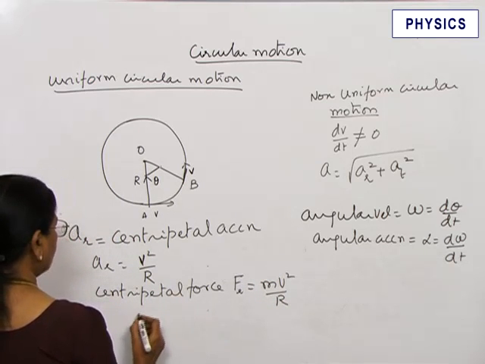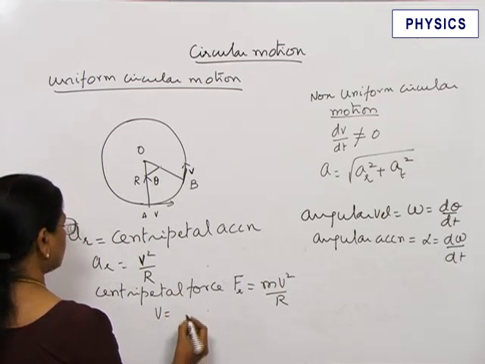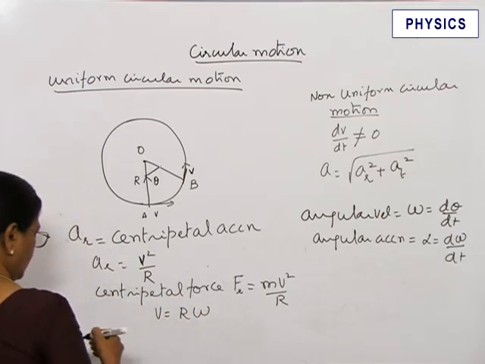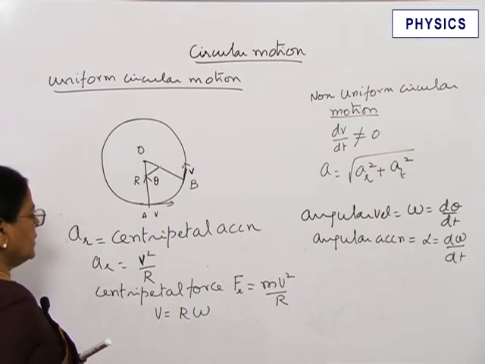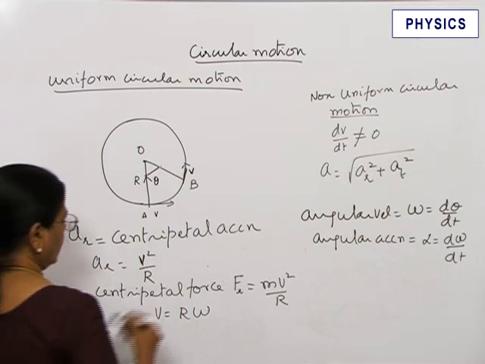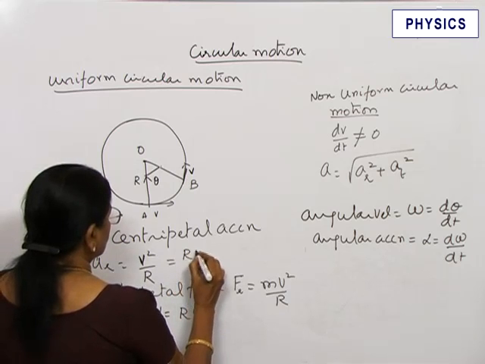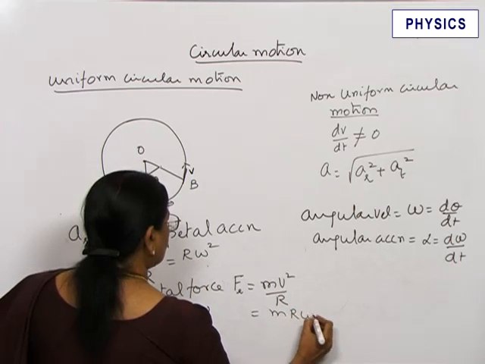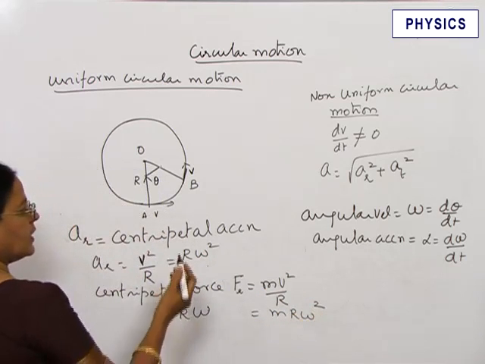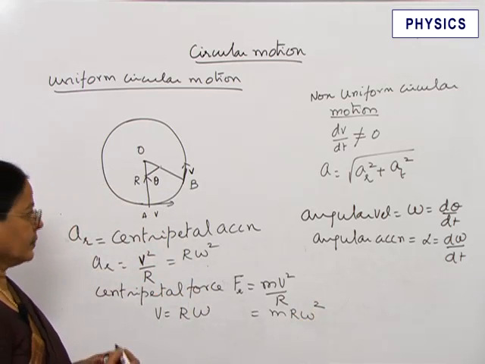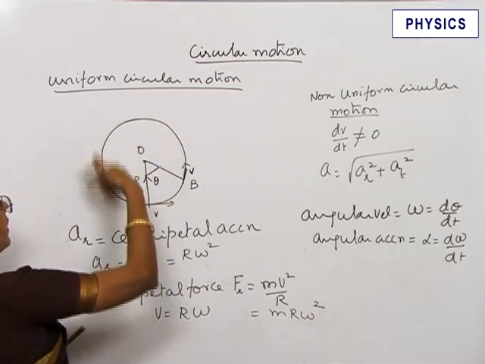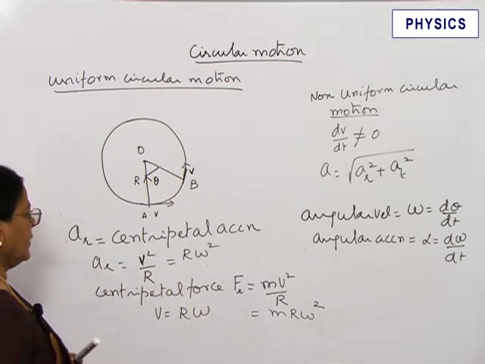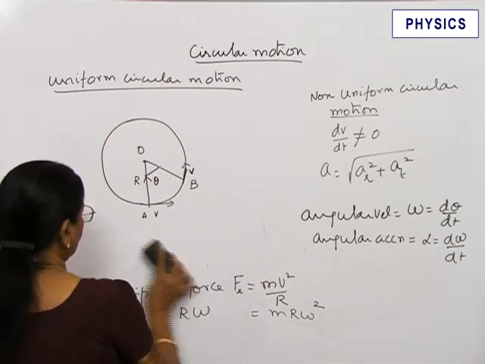The relation between the linear speed or linear velocity and angular velocity is v equal to r omega. Therefore, we can write the centripetal acceleration as r omega squared and the centripetal force as m r omega squared, where omega is the angular velocity. Suppose the particle performs n revolutions per unit time, then how will you write omega?